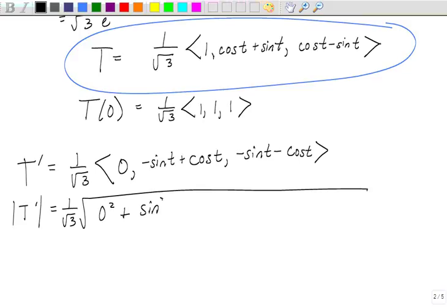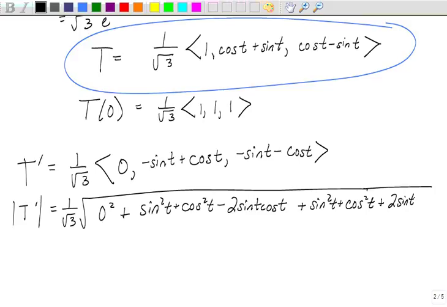I get sine squared t plus cosine squared t minus 2 sine t cosine t. Square the next one. Cancel, cancel. Now I just have 1 and 1 is 2. So that's going to be square root of 2 times square root of 3.